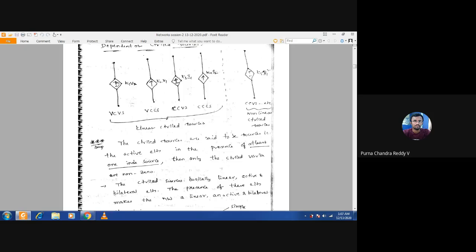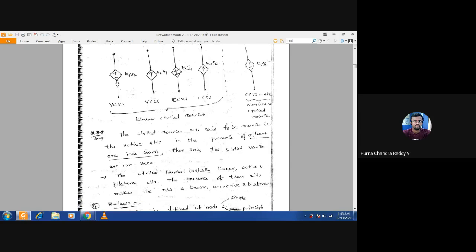Without any independent source in the circuit, we cannot find that dependent variable. If you cannot find that dependent variable, there is no use with that dependent source. That's why a circuit with only dependent sources will not function. It acts as a dead circuit or dead network.